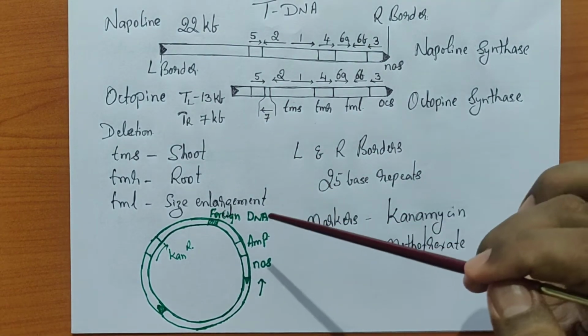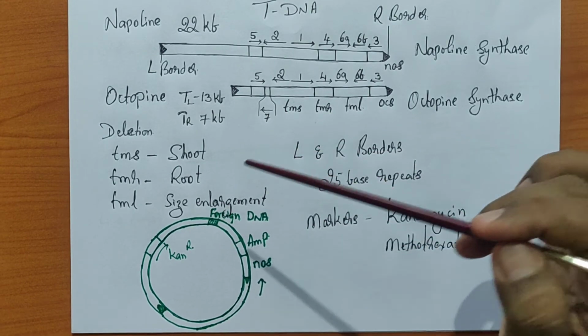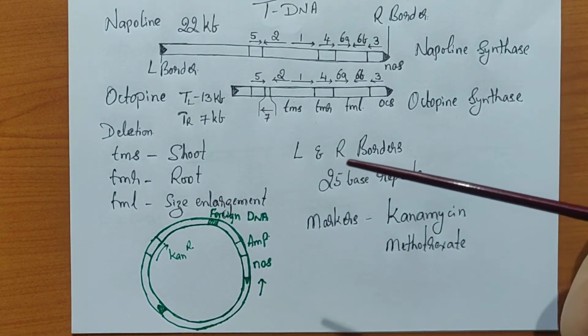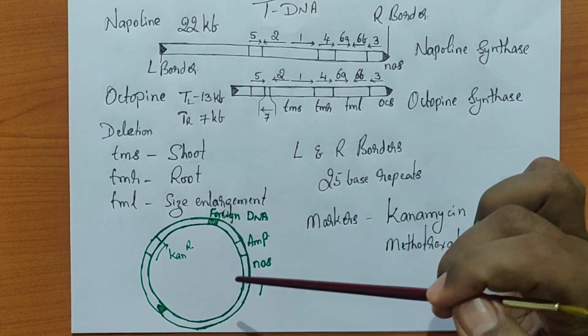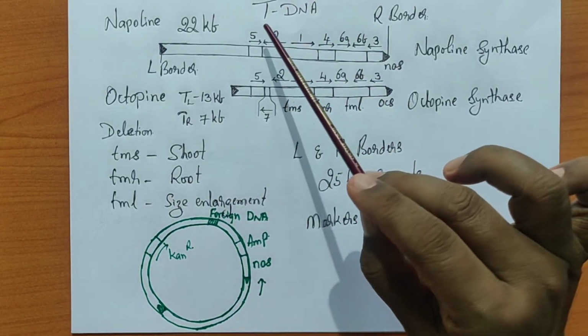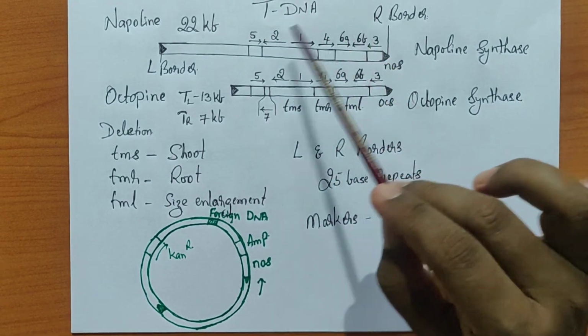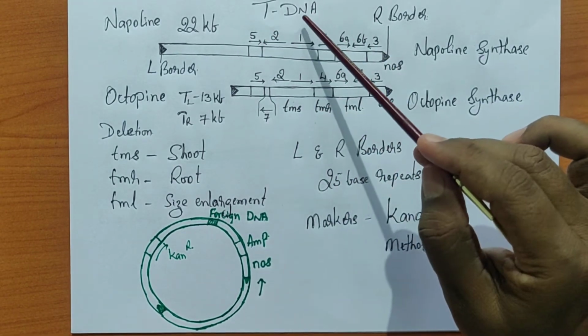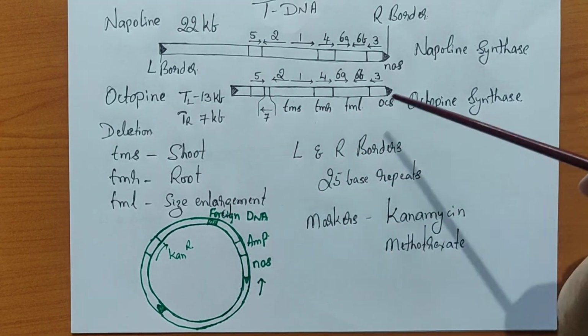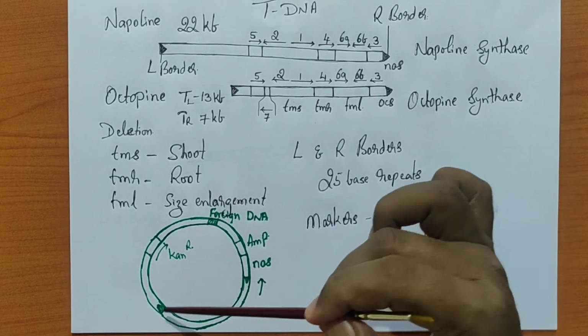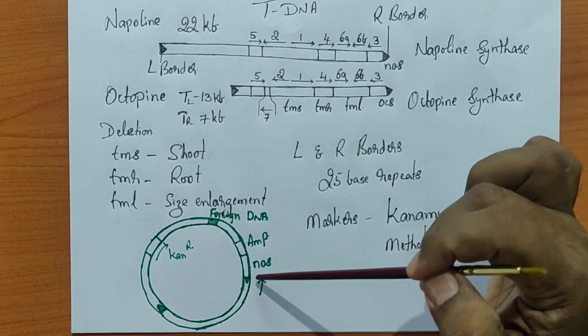Usually most of the vectors are modified from pBR322, which provides the basic genetic material. So pBR322 is going to be converted into a plant vector, using the tDNA of a Ti plasmid, in which these promoters and the border sequences are introduced. Then we have the NOS.